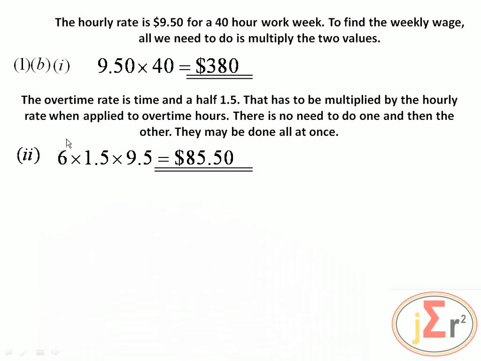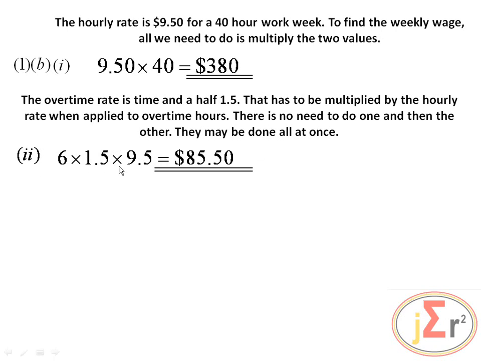Now we are saying that in order to find the overtime rate, we may multiply the overtime, which is time and a half, by the hourly rate. After doing that, in order to find the total amount for 6 hours of overtime at time and a half, we will then multiply by 6.